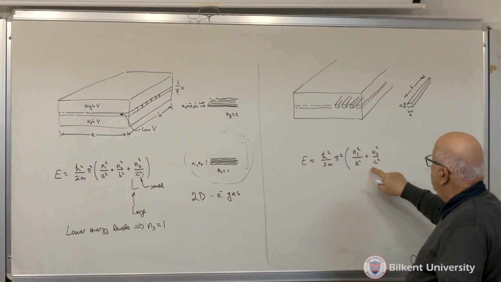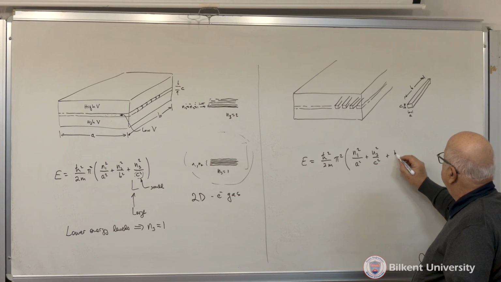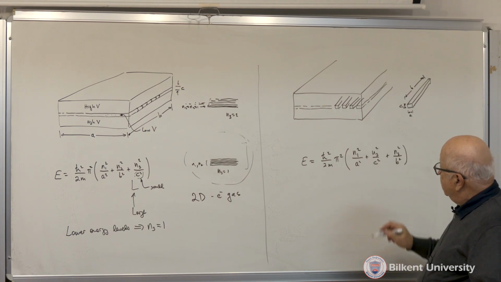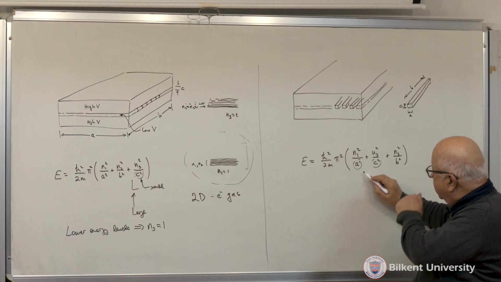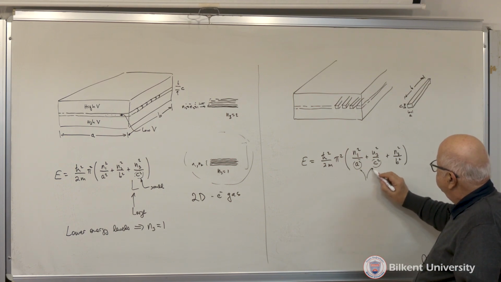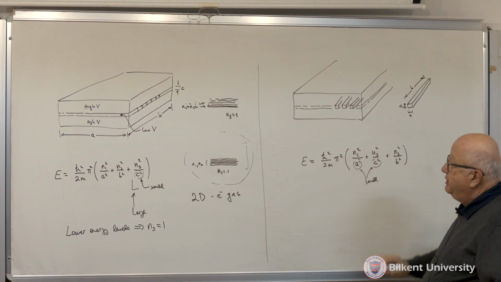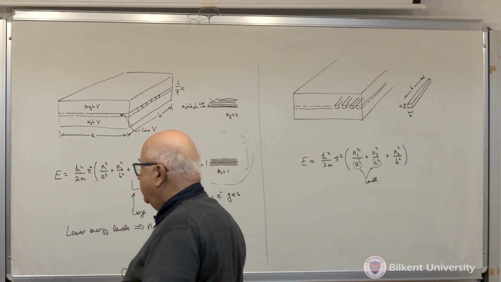So these are the small quantities. Plus N2 squared over B squared. So this time, these are the small quantities, and B squared is the large quantity.